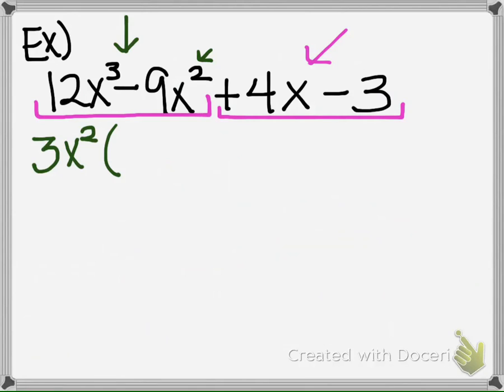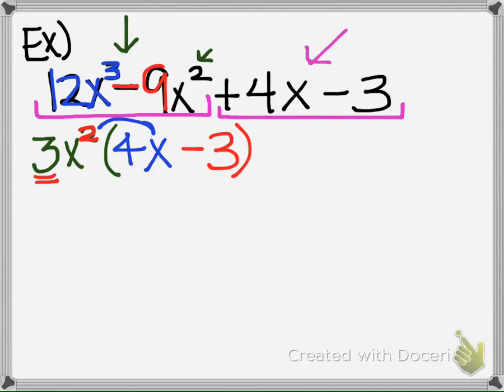And then 3 times 4 gets us this 12 right here. And then x squared times x would get us the x cubed here. Then we have 3 times -3 would get us the -9 part here. And then it already has an x squared, so we don't need anything else there.